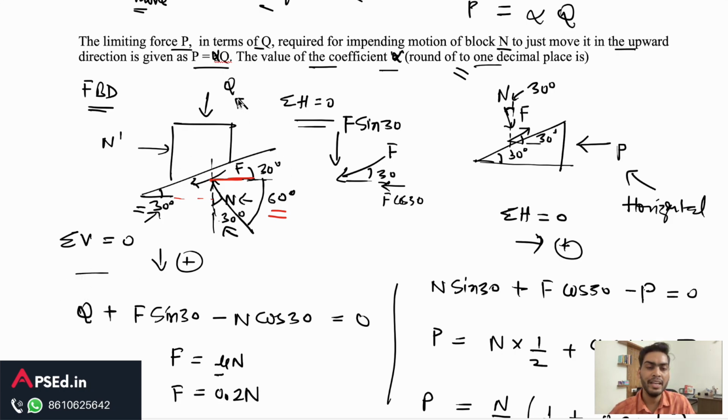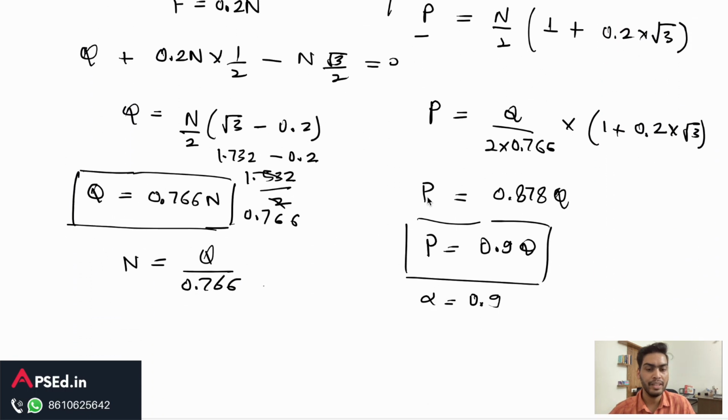But we would be interested in particular variables, so you can focus on that. Like in this question, as I said, we were interested in the value of Q, so we took the vertical equilibrium. Similarly, in this second part, the wedge part, we were interested in the value of P, so we wrote the horizontal equilibrium, because if we wrote the vertical equilibrium here, then we would not get any relation for P. So that way you can solve these questions.